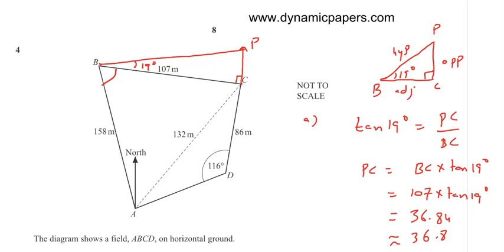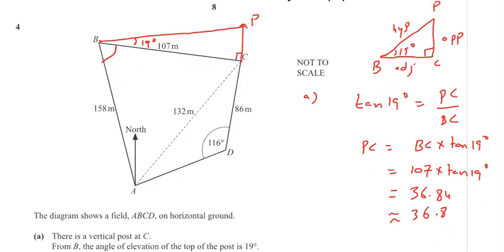So cos of this angle will be equal to the sum of squares of the two sides which are not opposite to this angle, so it will be equal to 158 squared plus 107 squared minus 132 squared, divided by 2 times 158 times 107.